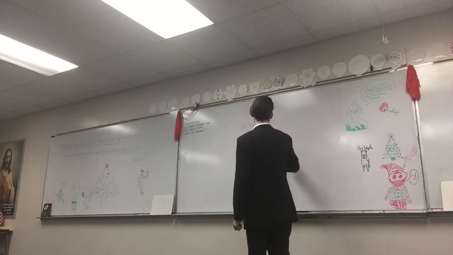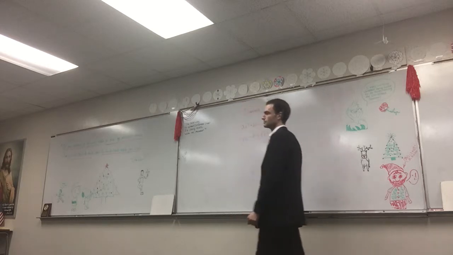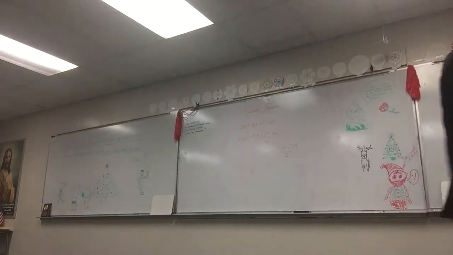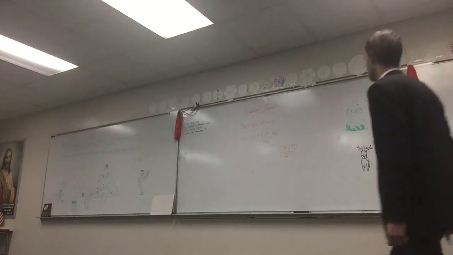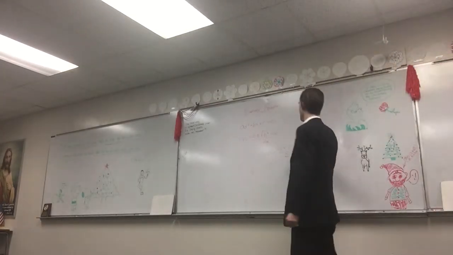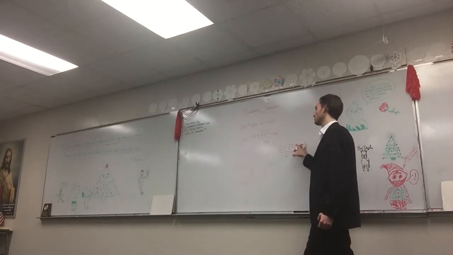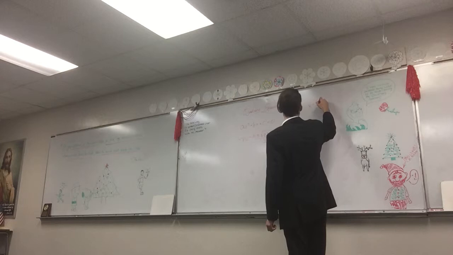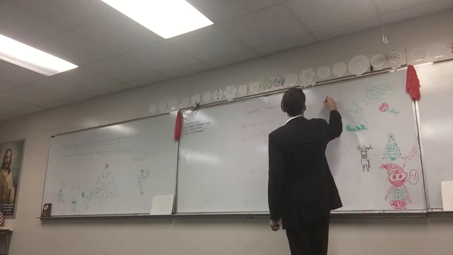Let's say I end up with something like this: x equals 2 plus or minus radical 40 over 2. And I say to you, simplify completely. Is that fully simplified? No. I need to get that radical simplified. So the square root of 40 can be split up into the square root of 4 times 10.